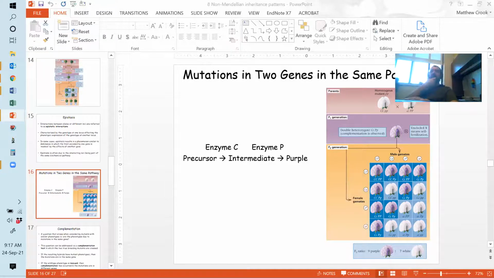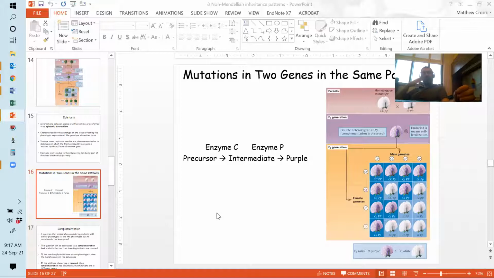Right. And typically in terms of negative epistasis, that usually is a result of genes being in the same pathway. So what I mean by this is, for example, you have multiple enzymatic reactions, but you only have one outcome at the end.